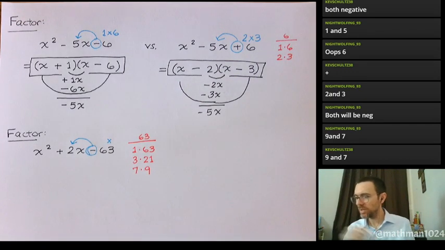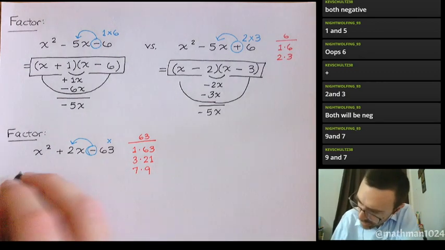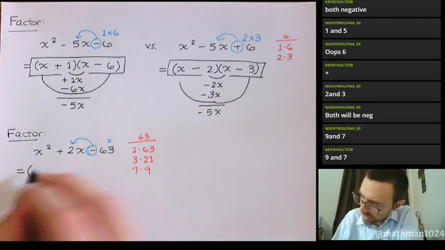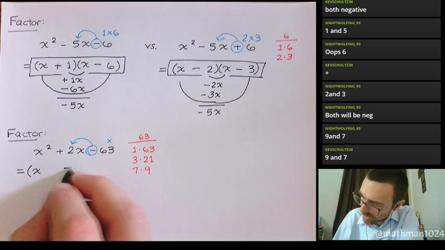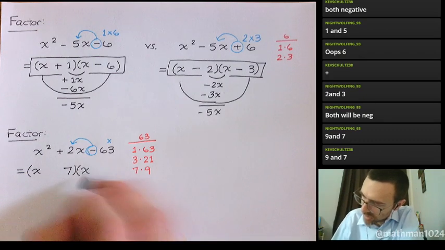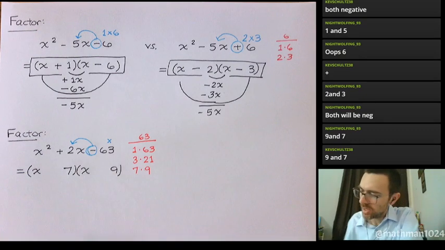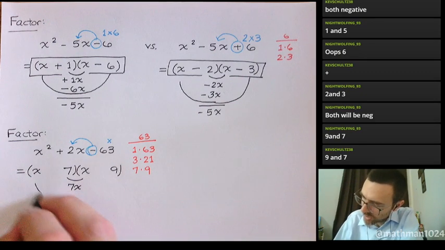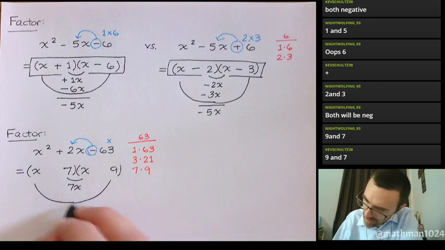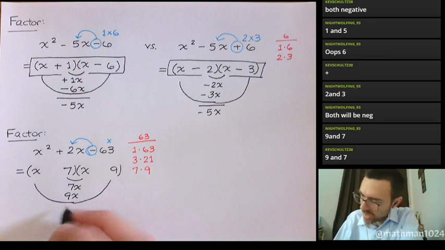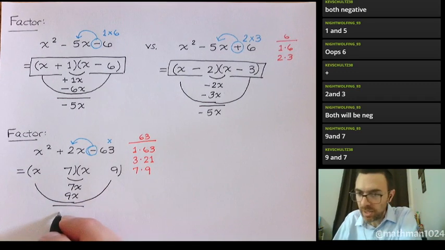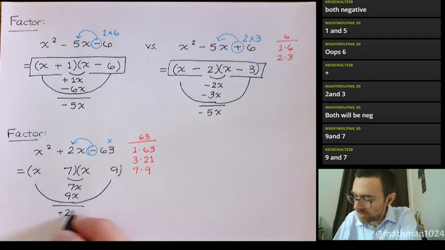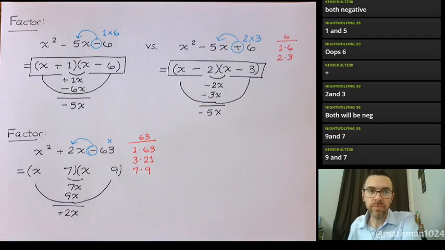So we've already identified that it's going to be 7 and 9. So when I factor this, it's going to be x and 7, x and 9. So 7x on the inside and 9x on the outside. So somehow, with my signs, I'm supposed to get a positive 2x.